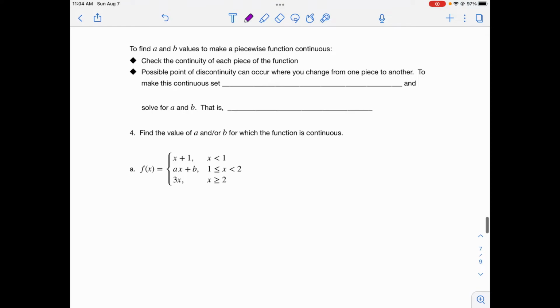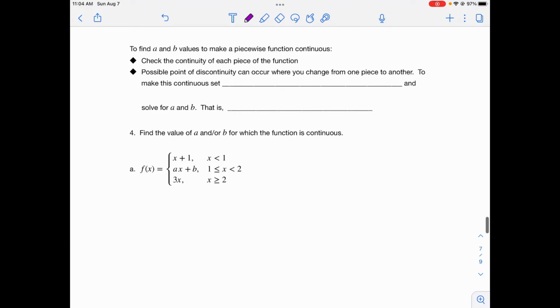Sometimes you'll have a piecewise function and you would have to find the values of a and b that make this function continuous. To do so, check continuity of each individual piece of the piecewise function, and then possible points of discontinuity will occur when one piece changes to the other piece.